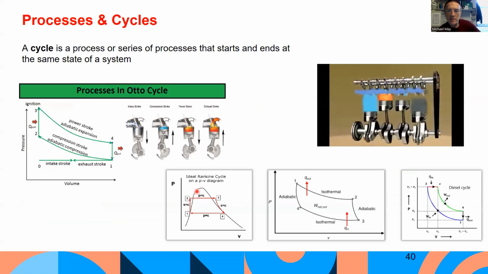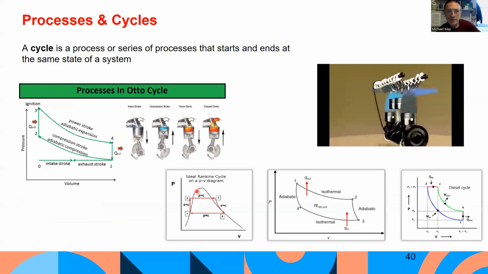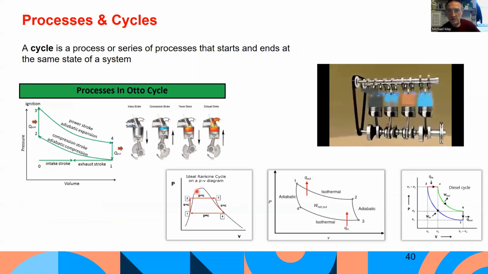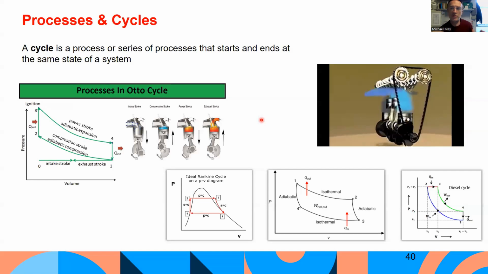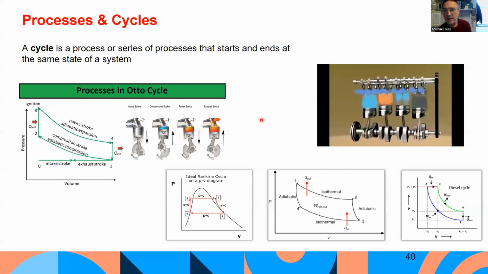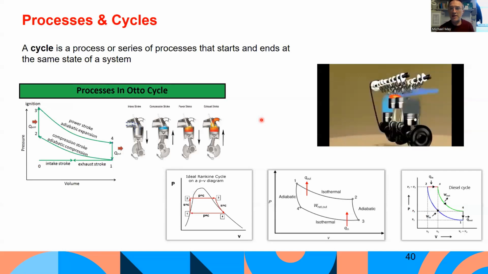So what we do is we combine a lot of those processes and produce what we call thermodynamic cycles. Here we see the internal combustion engine of a car. It's going through a compression, ignition or combustion, and then there's an expansion and an exhaust.